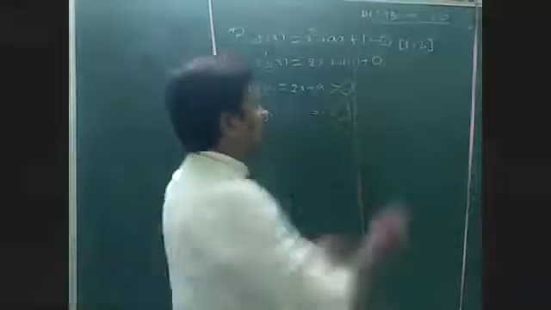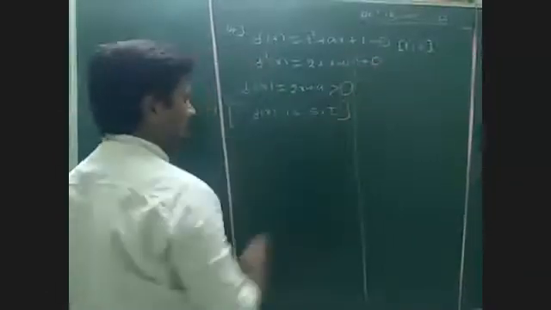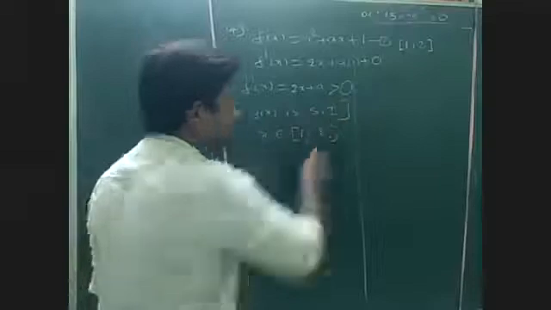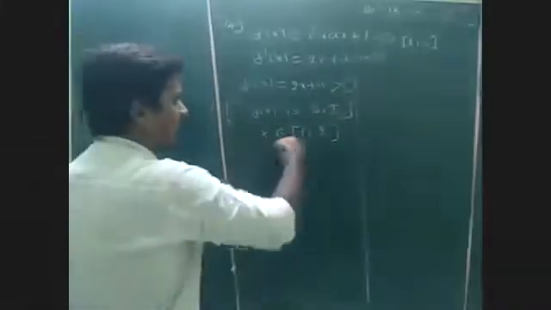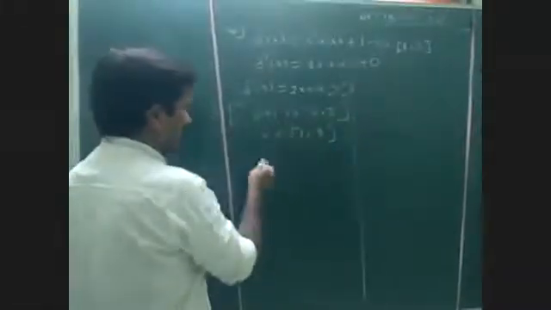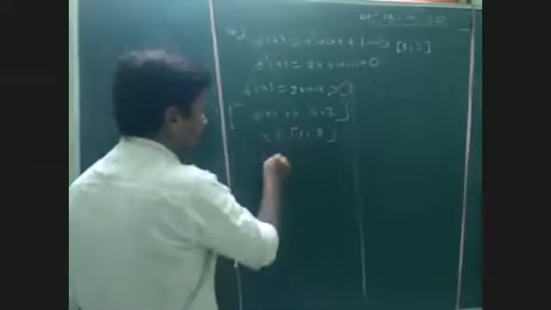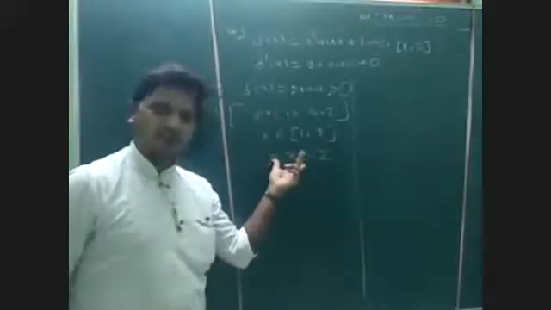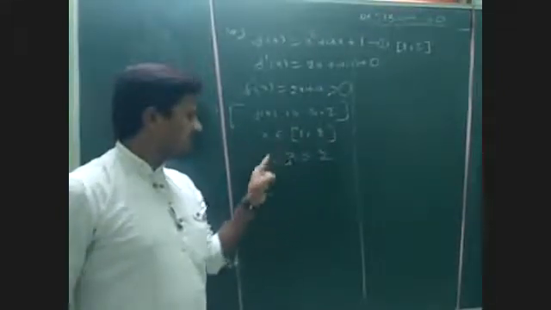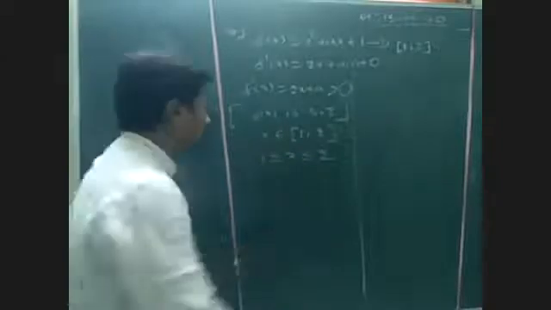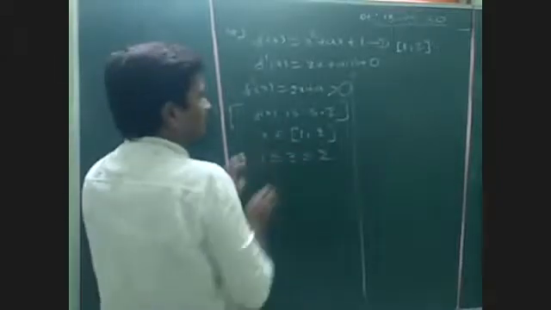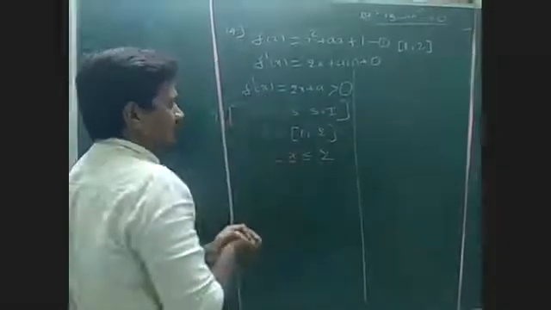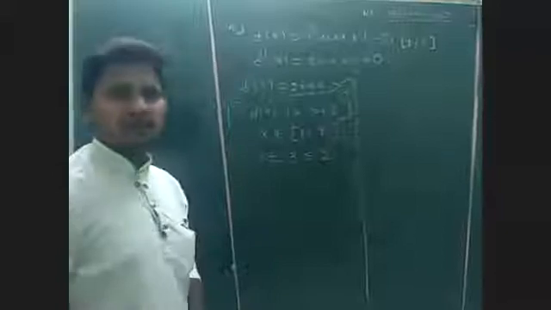Now one interval is given, so x should belong to the closed interval 1 comma 2. What does that mean? x should lie between 1 and 2. For a closed interval we write less than or equal to; for an open interval we just take less than. So x lies between 1 and 2, and we need f dash of x, which is 2x plus a.